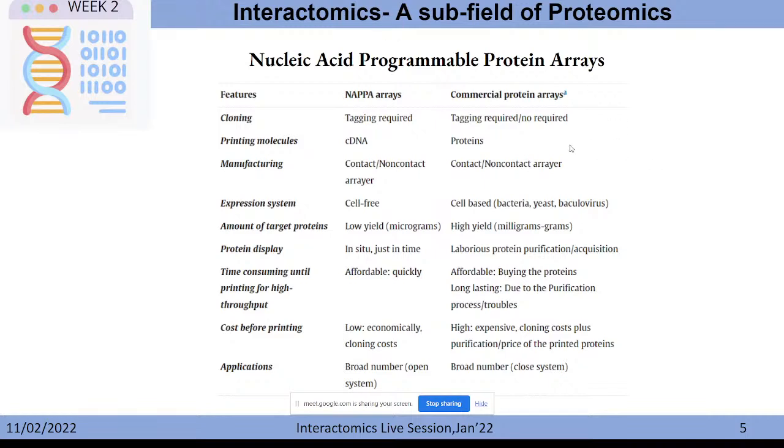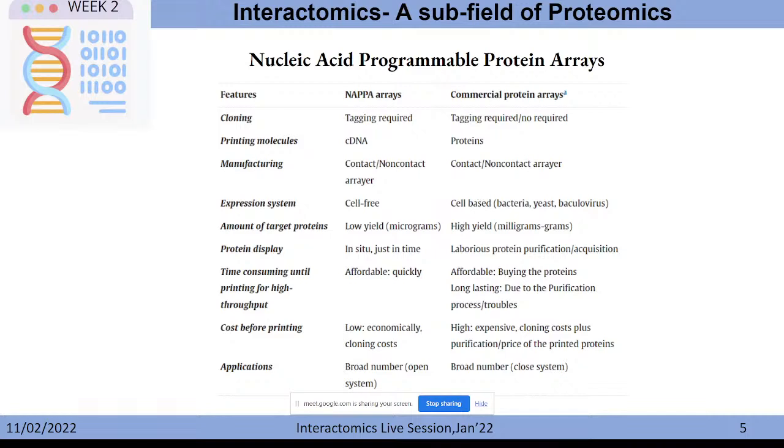Then the printing molecule is the cDNA. When it is compared with any commercial protein array, their proteins get printed, but here you will need a cDNA which can express into the particular protein. Manufacturing can be done with contact or non-contact printing. The expression system here is cell-free, but whenever you are printing proteins in an array, you need a cell-based expression system, using bacteria, yeast or different expression systems.